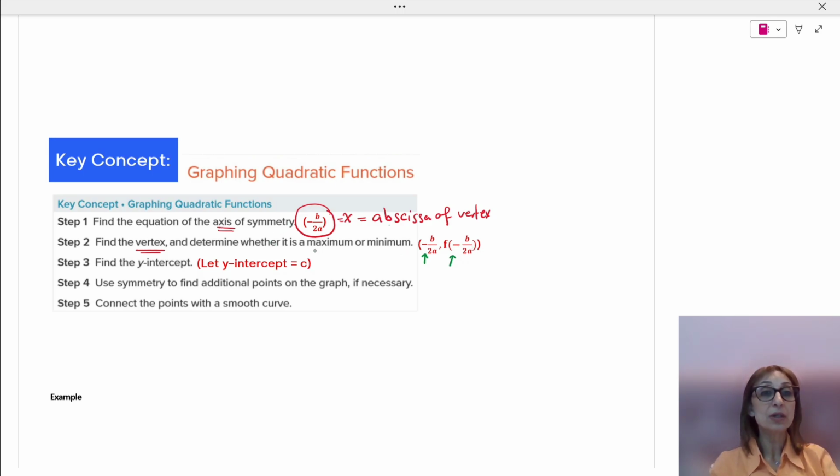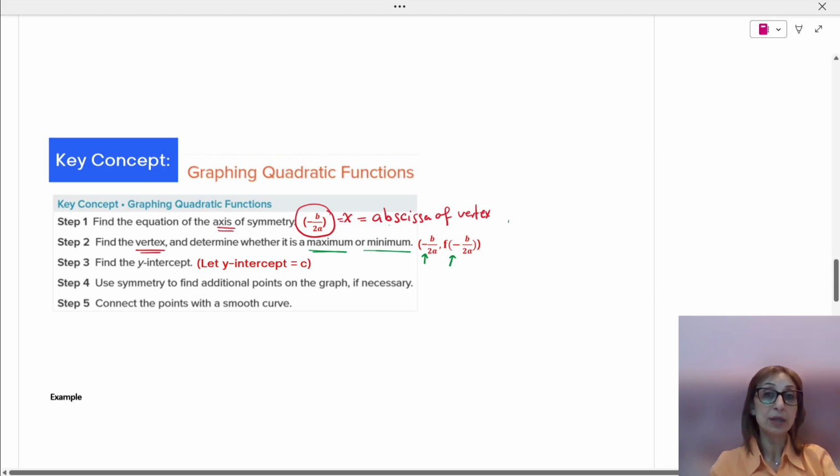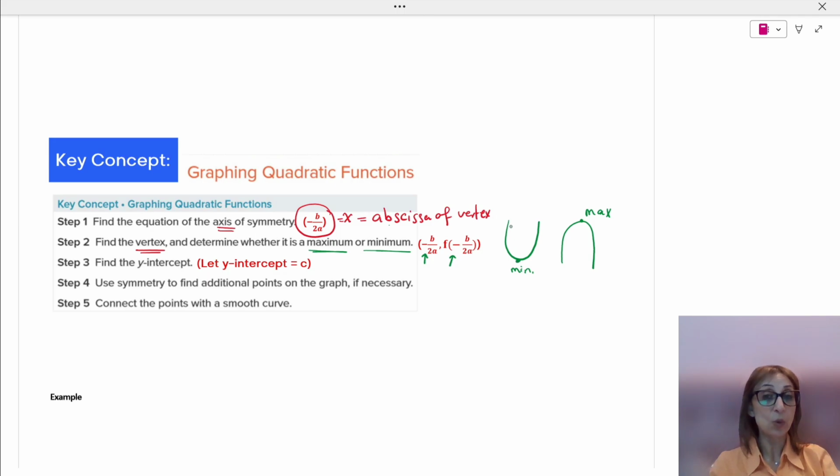Also, we must determine whether it is a maximum point or minimum point. Remember, when we graphed the function last time, I said if it opens upwards, then the vertex is a minimum. And when the parabola opens downwards, the vertex is at the maximum. When the vertex is a minimum and the parabola opens upwards, this means that a is positive, greater than 0.